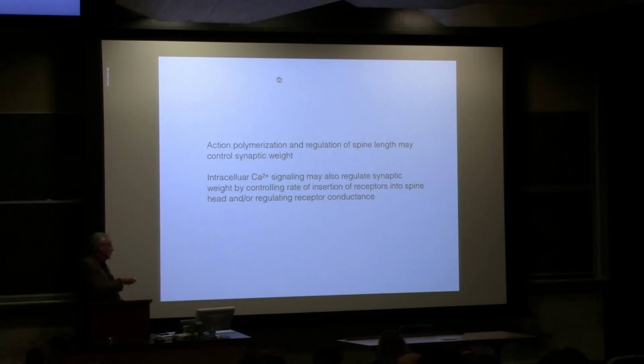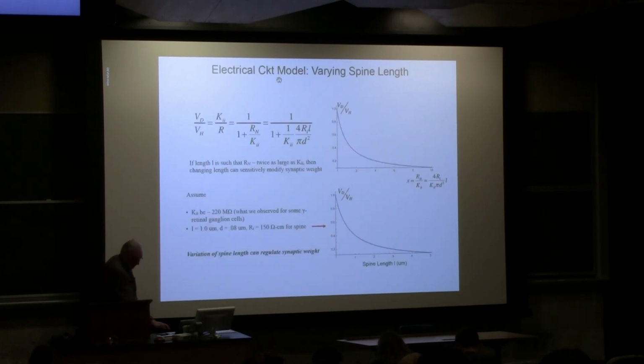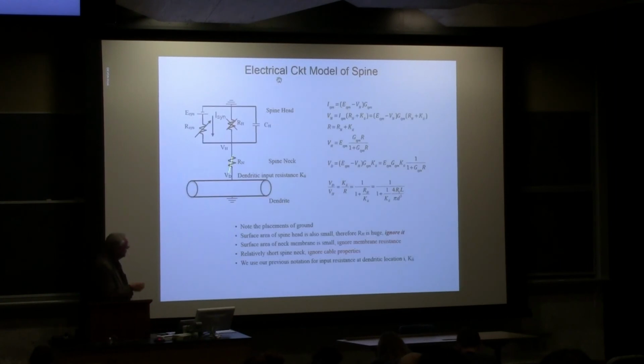I should say that an important signal in doing this is voltage. A signal is needed to reinforce synaptic weight when the neuron fires. Well, how the heck does a spine know that the neuron fires? Well, we now know, and it can be shown from simple models like this, that when a neuron fires an action potential, that large depolarization is not just going to propagate down the axon of that neuron if it has one.